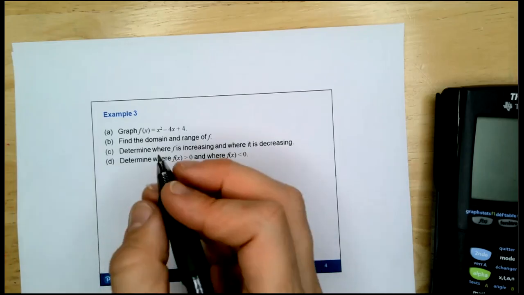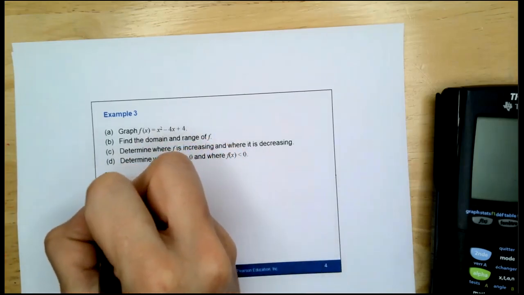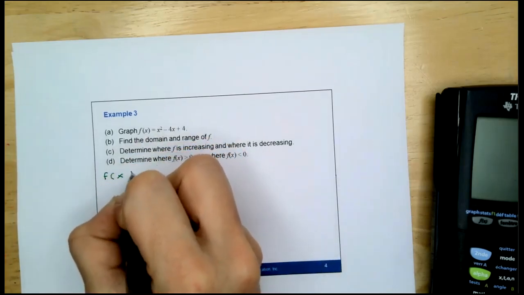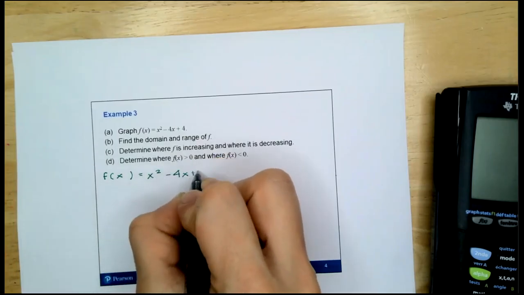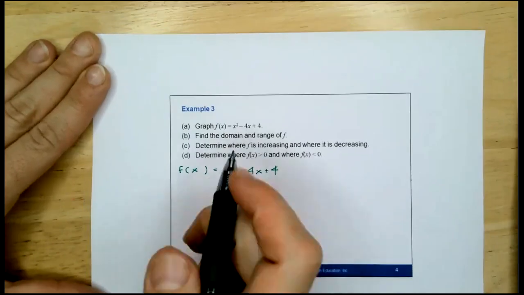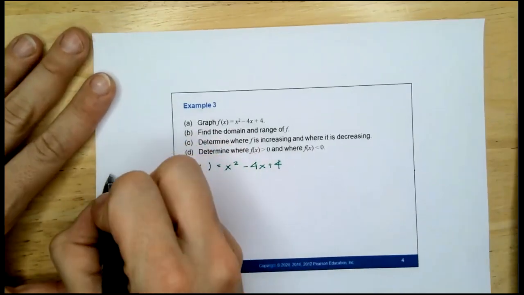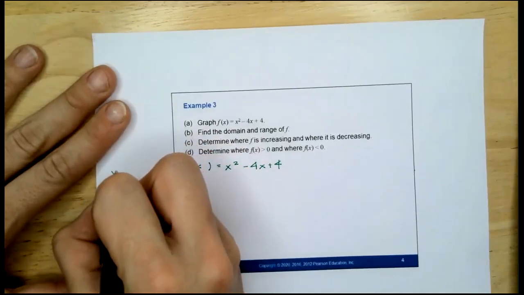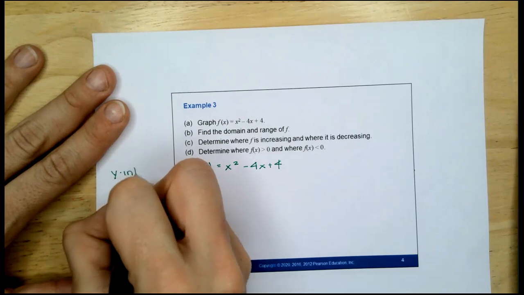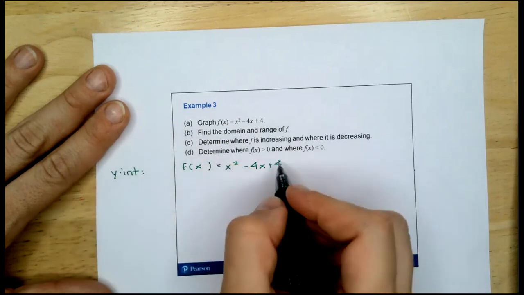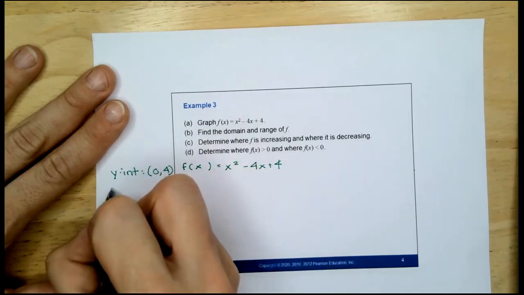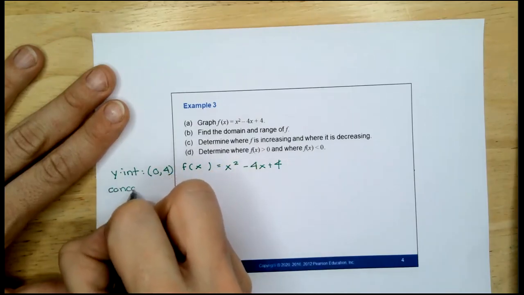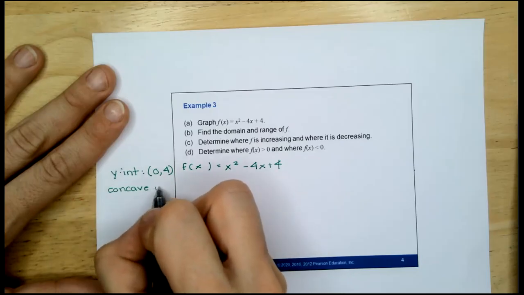So, f of x is equal to x squared minus 4x plus 4. Let's just see what we know right away. We know that it's going to cross the y-axis at 0, 4. We know that it's concave up.